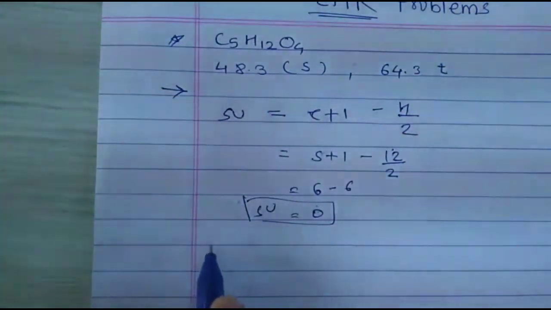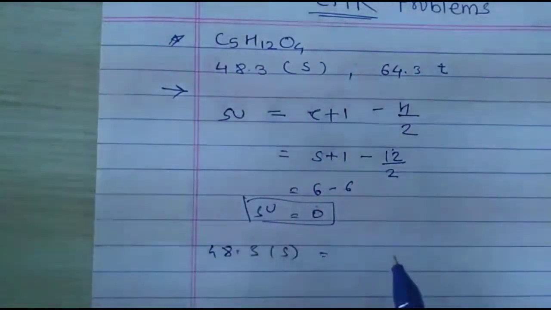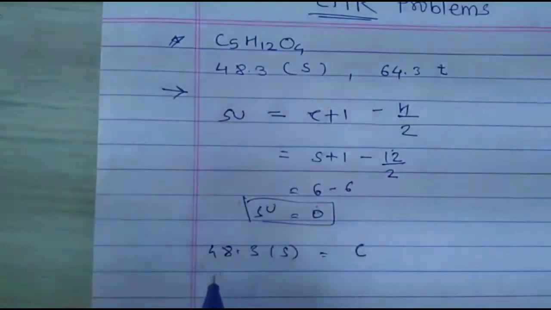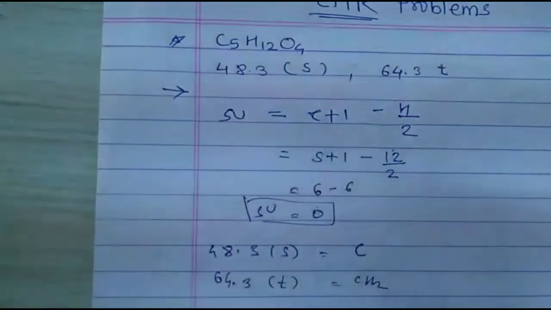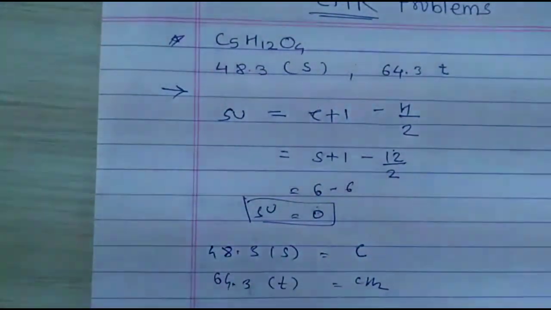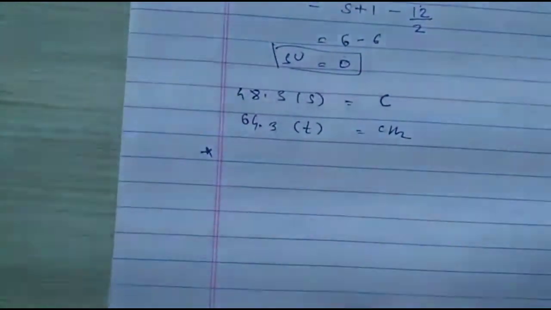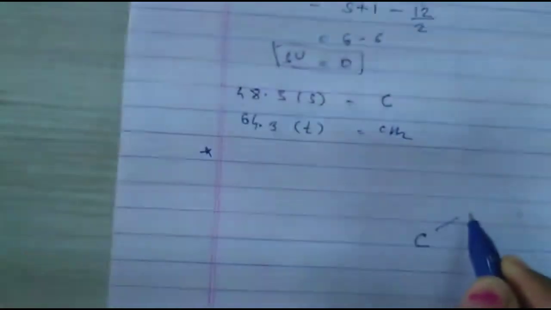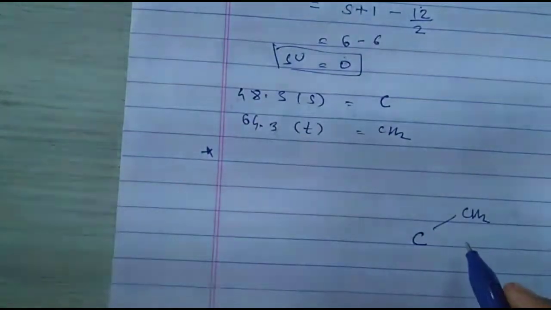They give us the value 48.3 singlet, that means a C carbon is there. And the next value is 64.3 triplet. That means this must be CH2. Here there is a symmetry, with 1 carbon in this manner. This is the C, and there is symmetry, so the structure must be CH2, and how many oxygens are there? 4.